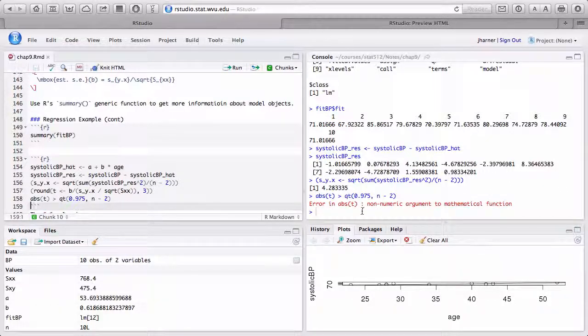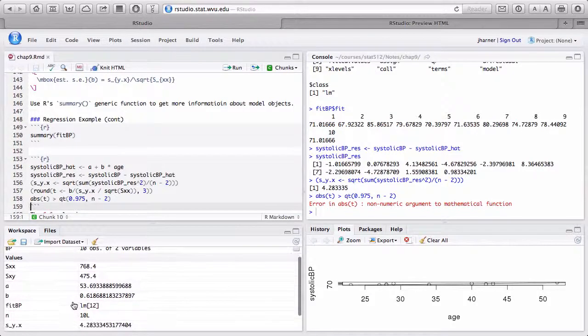What is happening? Non-numeric argument. That should work. Is n defined? N should be defined. What now? Oh, I didn't define t.